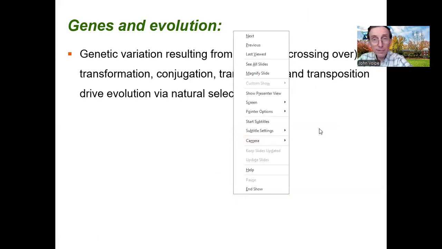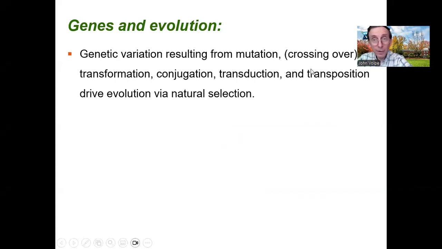So I guess I should say that crossing over and transposition do not make new genes, do not make new genetic information, but they make new combinations of genes that weren't existing previously.